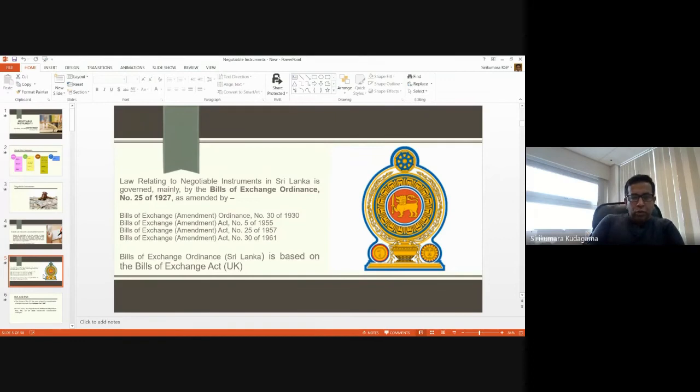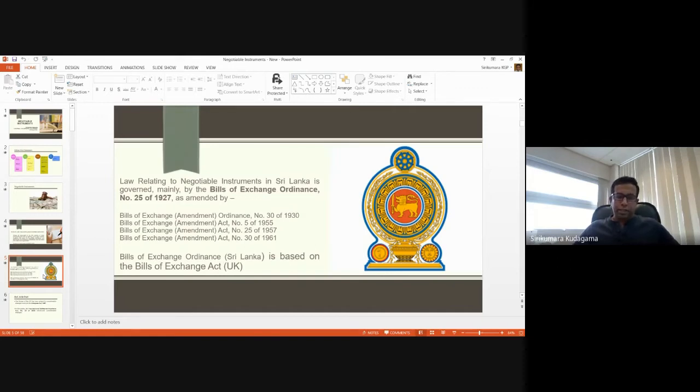I would like to show you here the way Sri Lanka's legislation on bills of exchange has come to the present status.